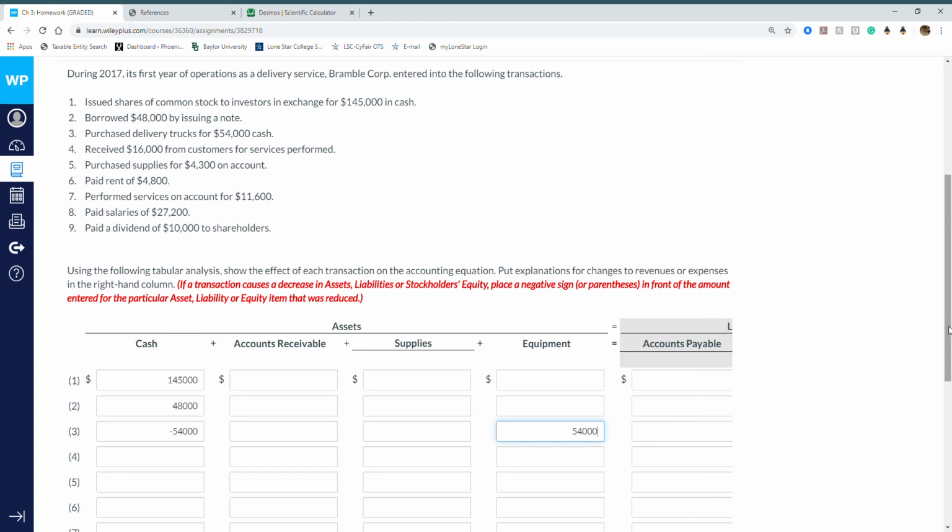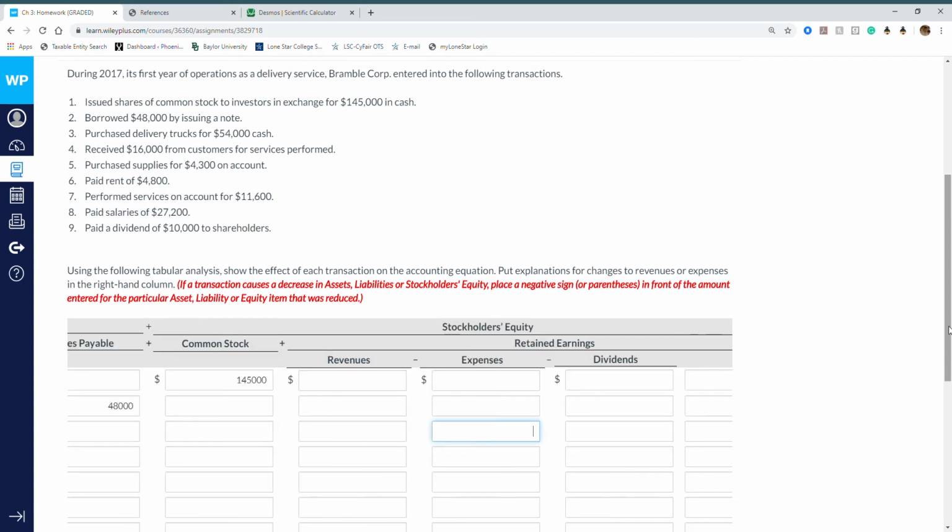Again, you want to make sure everything stays in balance. So one side should go down, one side should go up if it's all on the same asset or liability and equity side. If they're on different sides of the equal sign, make sure it's the same number, and everything does stay in balance. It's a neat little thing.